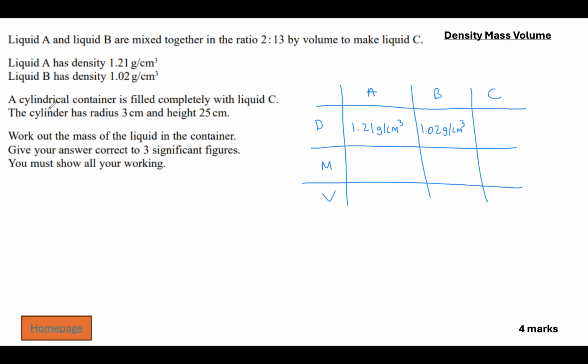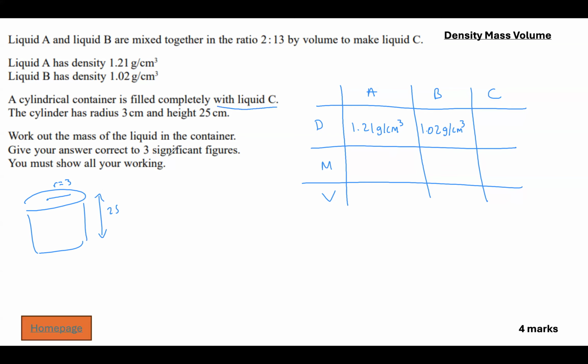And we've got a container that is filled completely with liquid C, and the cylinder has a radius of 3 and a height of 25.